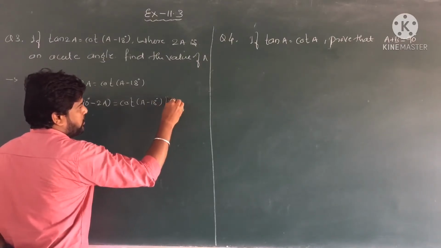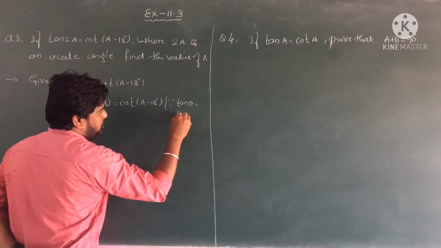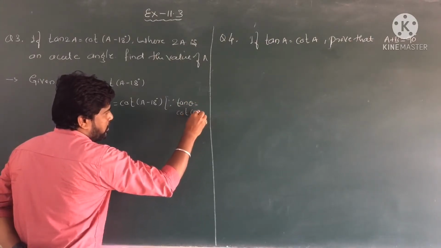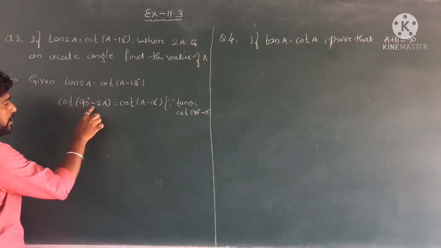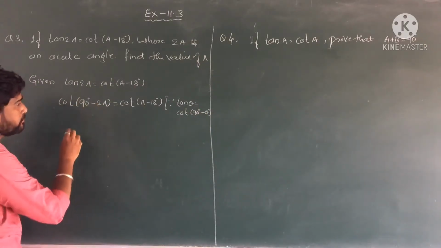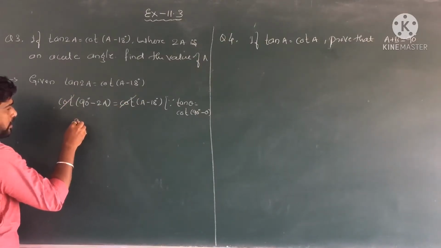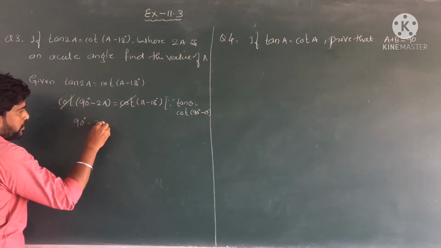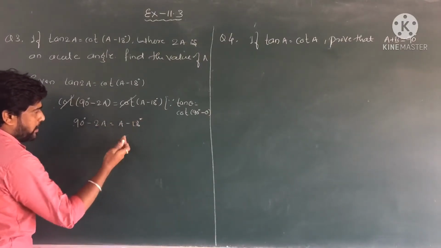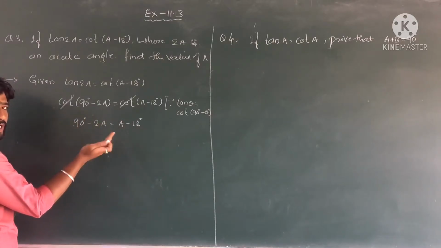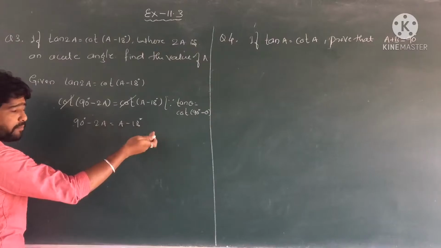Here write down the reason: tan theta is equal to cot (90 minus theta). So here in theta's place, 90 minus theta. Is it clear? So now both sides cot gets cancelled. Remaining: 90 minus 2a is equal to a minus 18. 18 comes this side, this becomes plus, and minus 2a goes this side, this becomes plus.